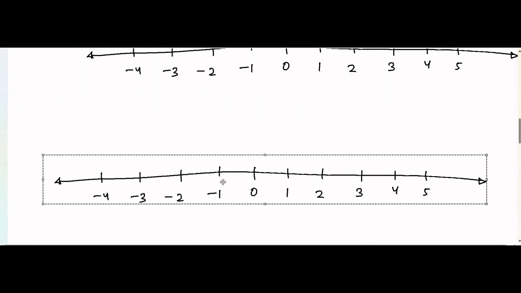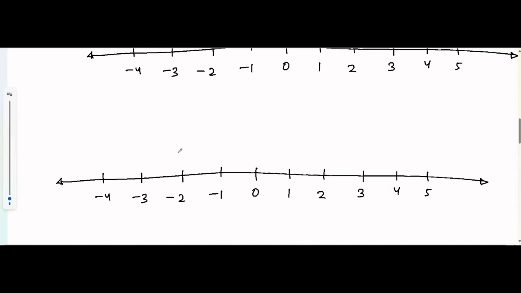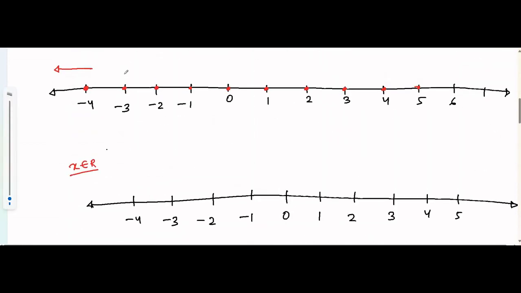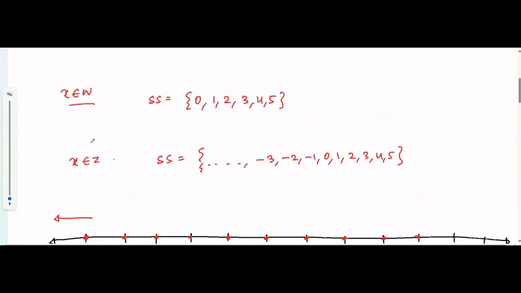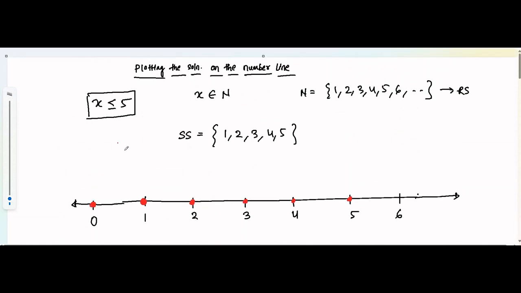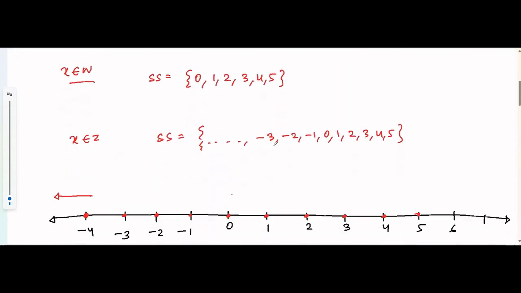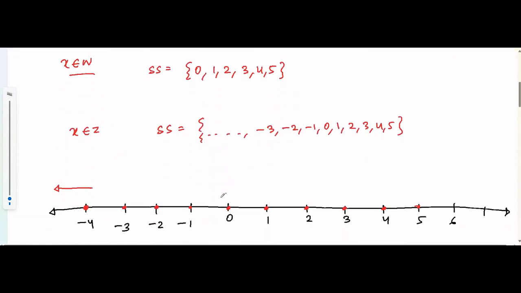So we have two cases. The point I'm trying to make here is, let's say the same solution exists, the relationship x lesser than or equal to 5. In this relationship 5 is included in the solution. In case of integers, whole numbers and all that, these are distinct points.